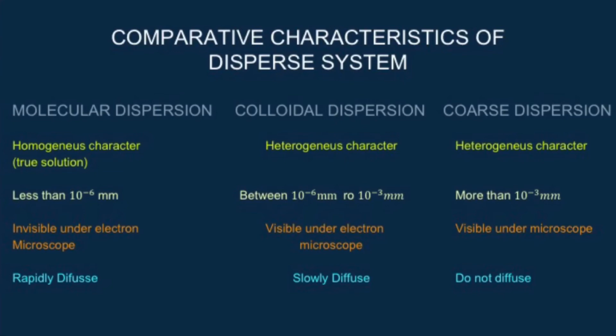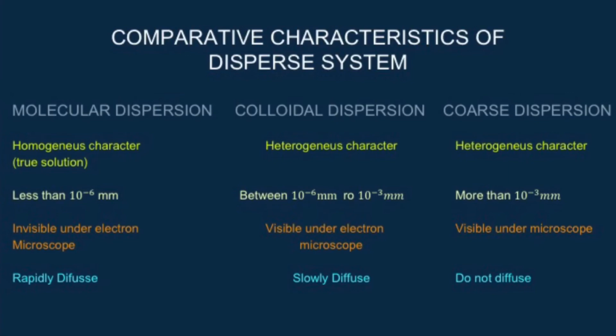That means 1 nanometer to 0.5 micrometer. Next one is coarse dispersion. Its size is larger than the colloidal dispersion, that means more than 0.5 micrometer.